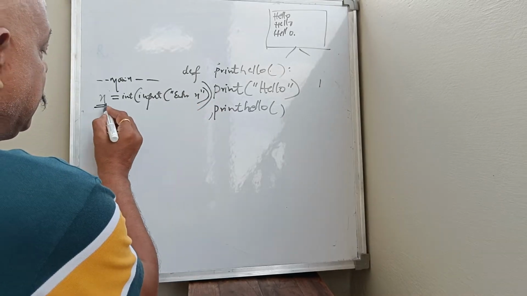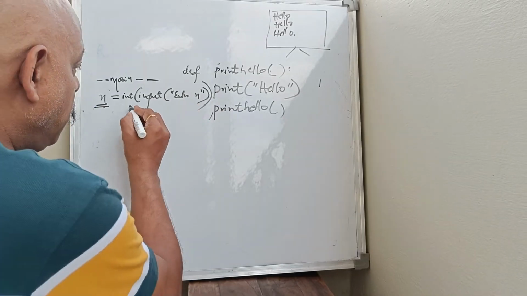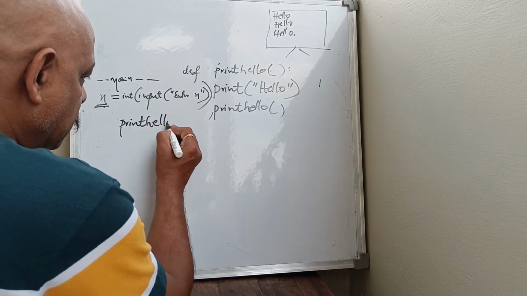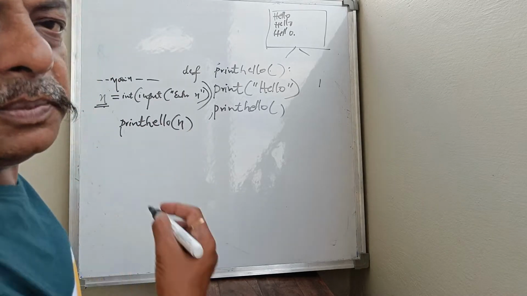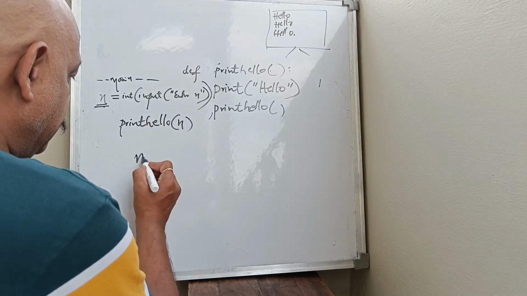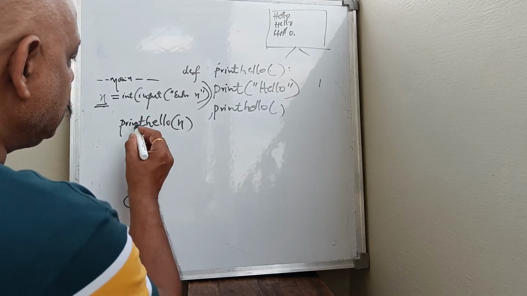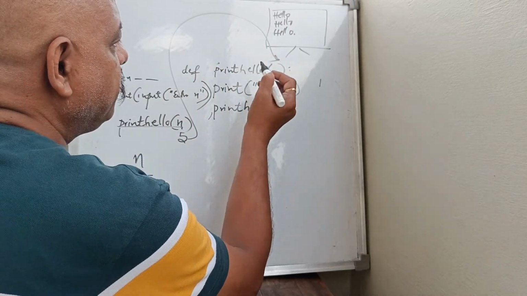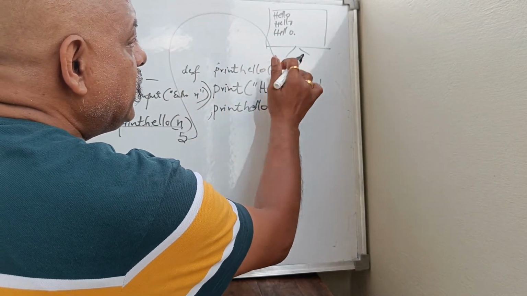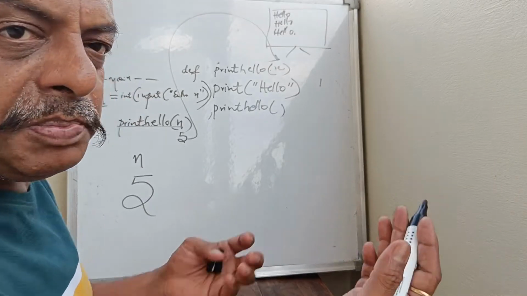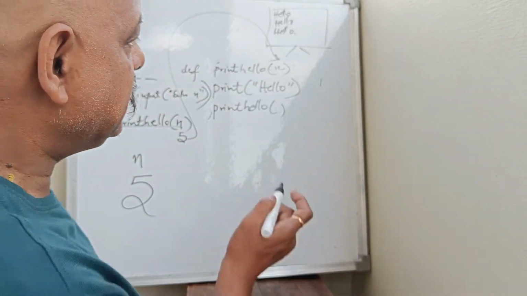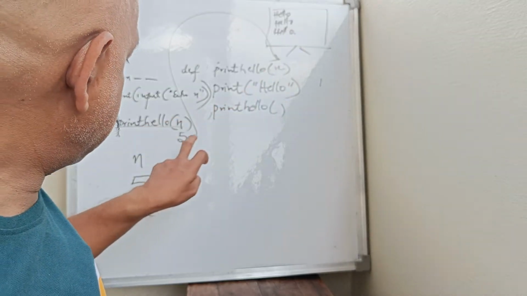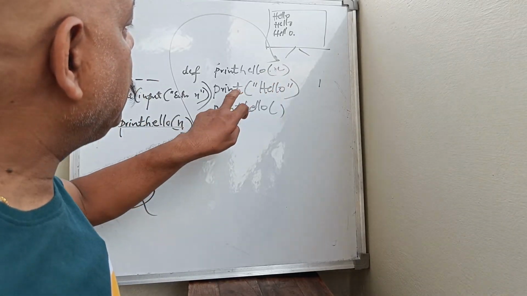Now I am calling the function print_hello with n. Very important. For example, n is 5. You are calling with n equal to 5. The function takes input, processes and gives output, so it takes the input in the form of an argument n, the same 5.